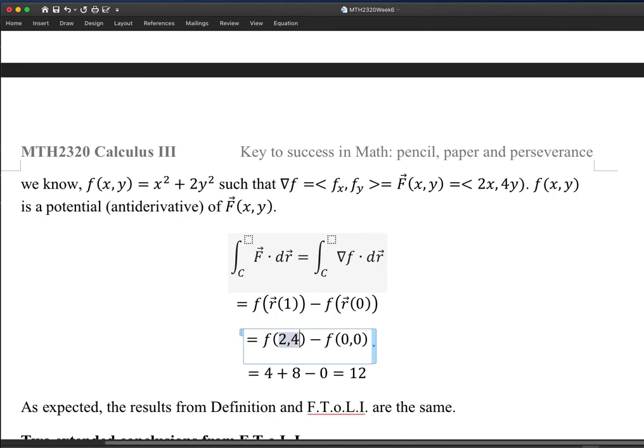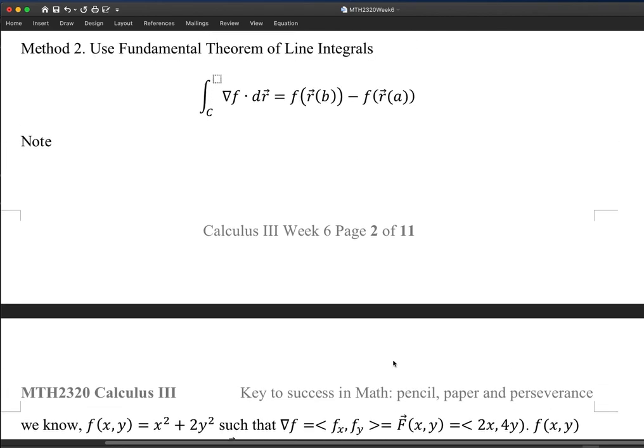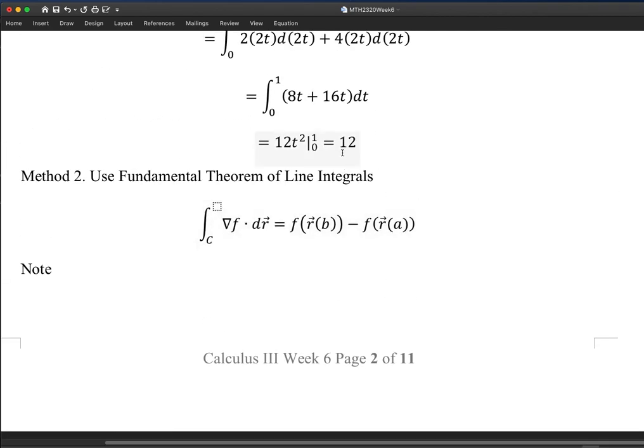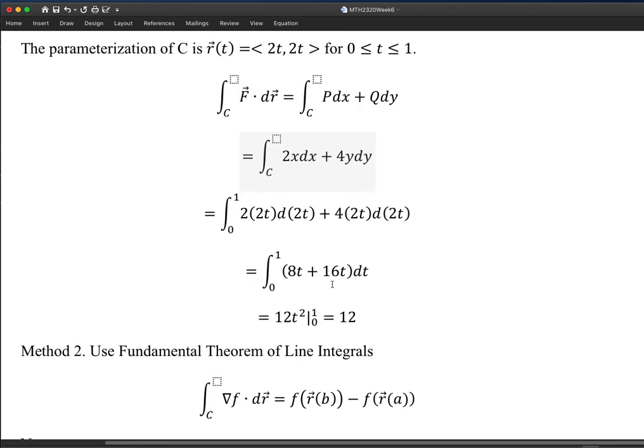I'll double check. Yes, this is really 2 and 2. Then you plug in 2 for x and 2 for y, that's 4 plus 8. Then plug in the origin, that turns out to be 0. So indeed, this turns out to be 12, exactly the same number as we calculated from the definition.